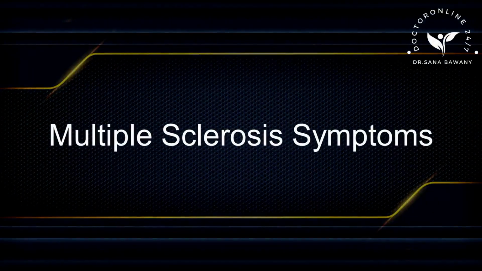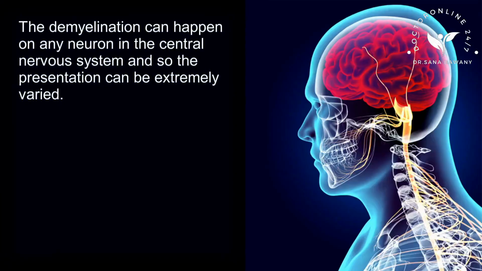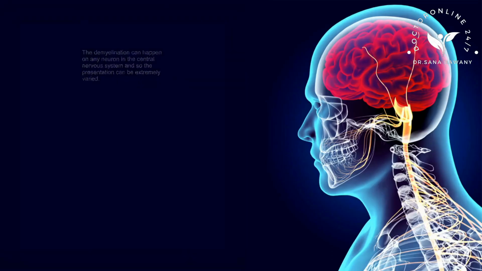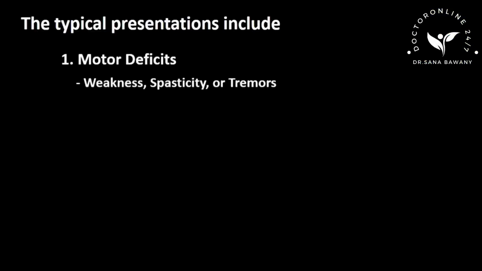Multiple sclerosis symptoms. The demyelination can happen on any neuron in the central nervous system, and so the presentation can be extremely varied. The typical presentations include motor deficits, like weakness, spasticity, or tremors.